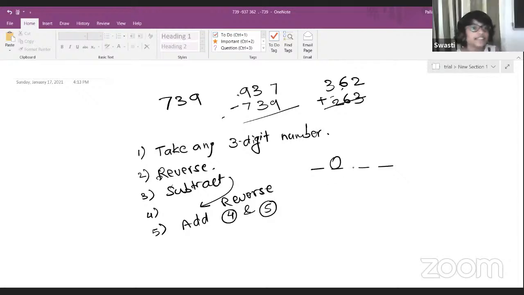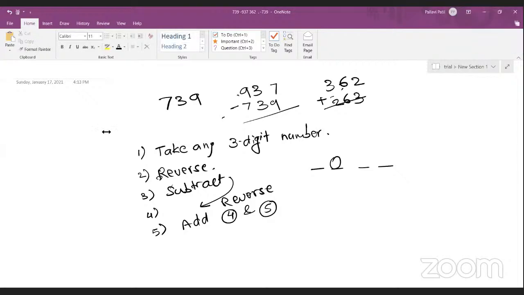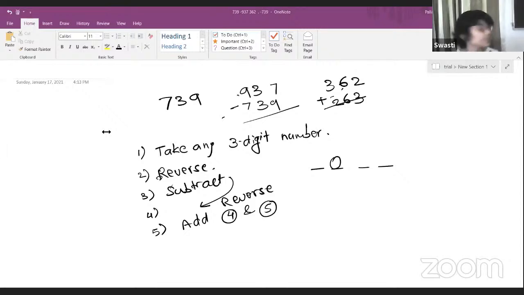Can you unmute someone else? Avnish. Now if we add all the digits of your answer, you will get 18.